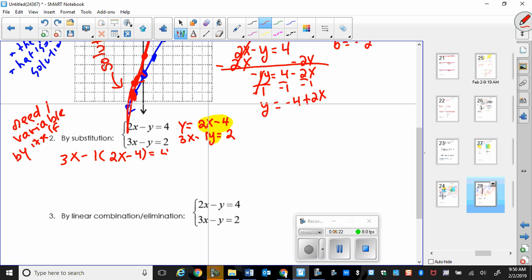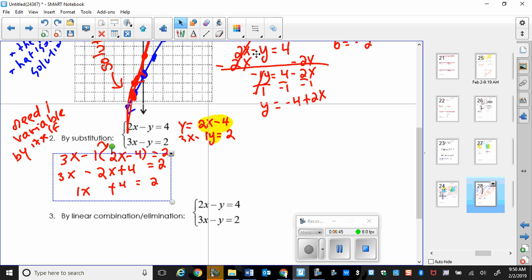No, equals 2. Be careful and cautious here. Okay? So distribute. I don't do anything to the 3x. 3x minus 2x plus 4 equals 2. 3x minus 2x is 1x. Plus 4 comes down, equals 2 comes down.